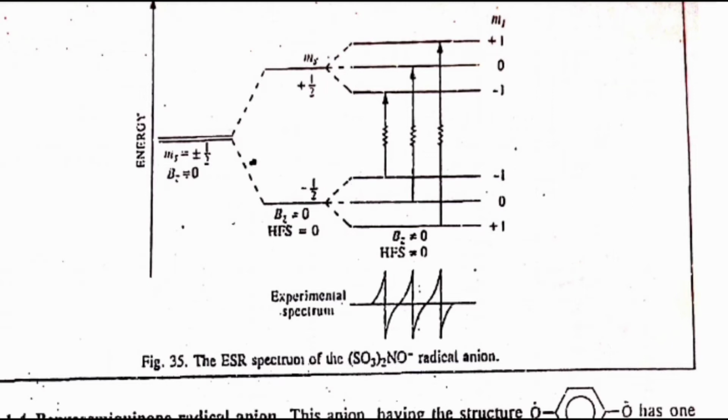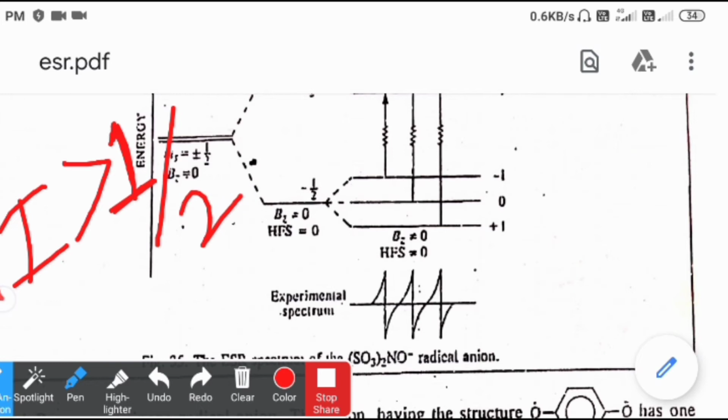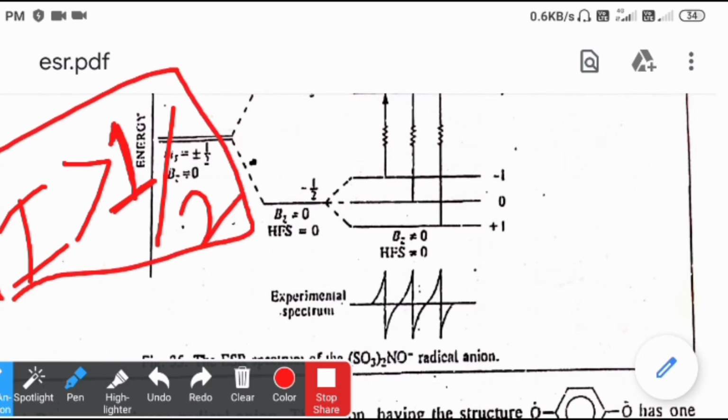This non-Pascalian behavior is observed in the case of those nuclei which have a nuclear spin quantum number I greater than 1/2. Only those atoms or molecules having nuclear spin quantum number equal to 1/2 will show the Pascalian type of triangle.